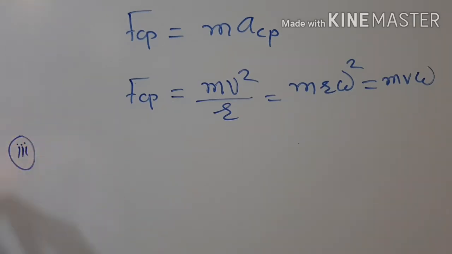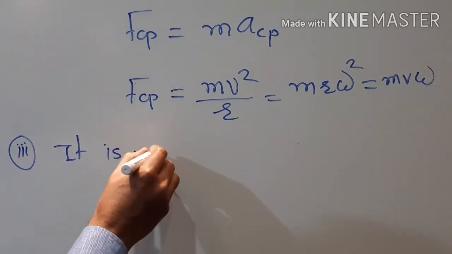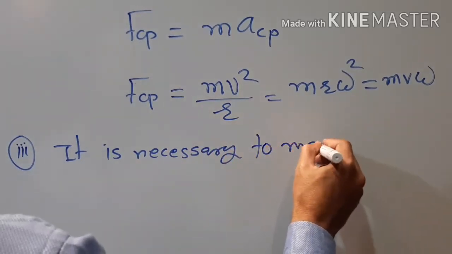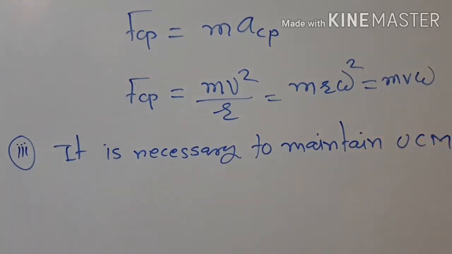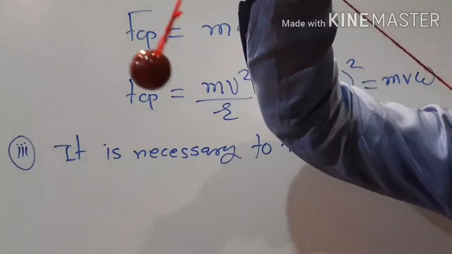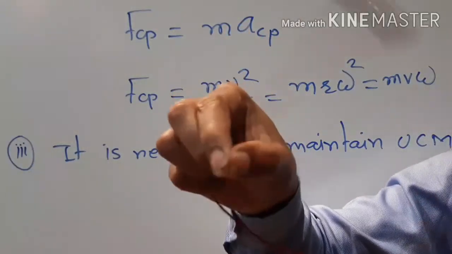Now the third point is, it is necessary to maintain UCM. Let us see why. Suppose this is a bob attached to a string, and the bob performs circular motion or UCM.